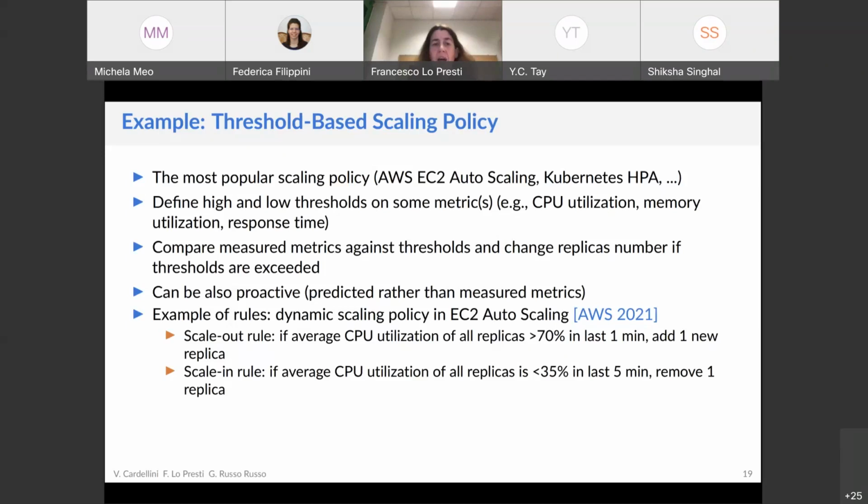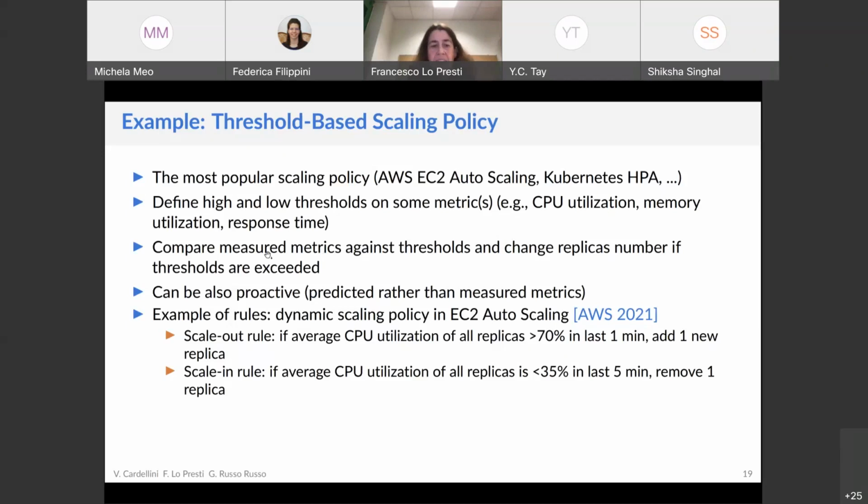This policy can be reactive or proactive. In case of a proactive policy, you need to use predicted metrics rather than measured ones.